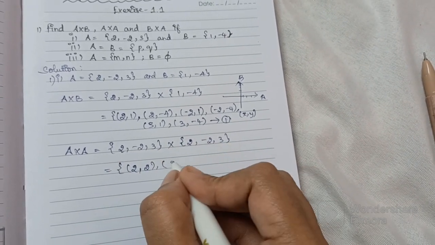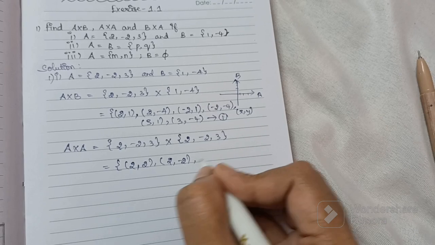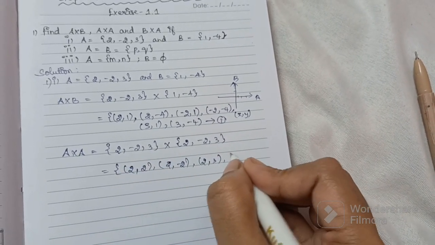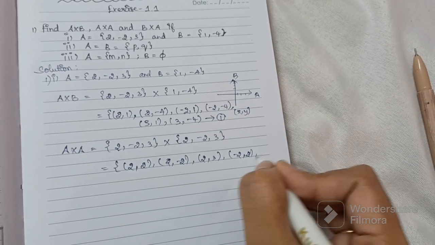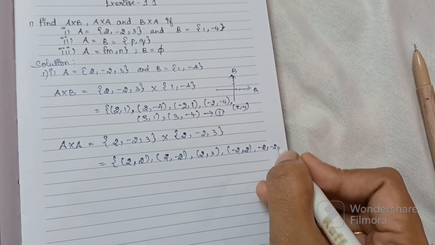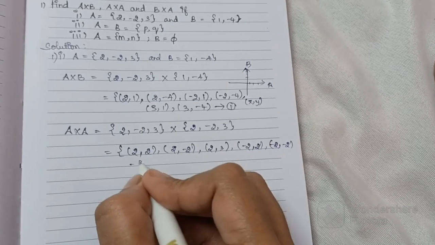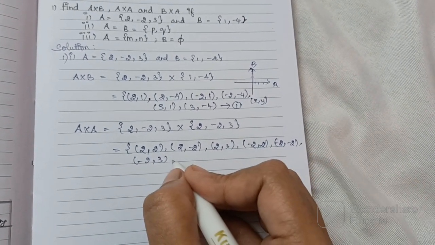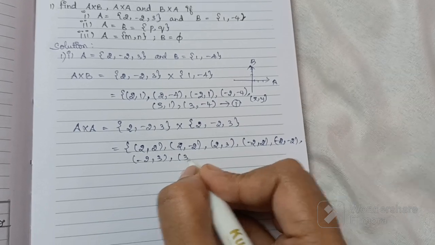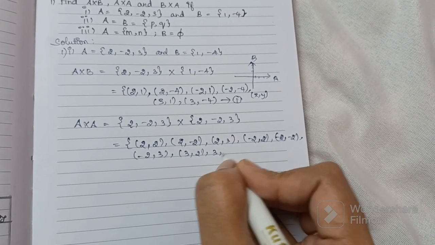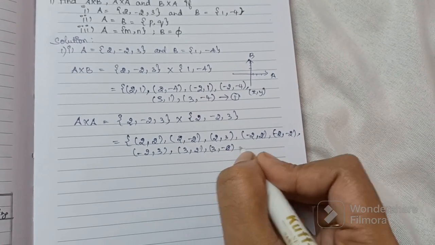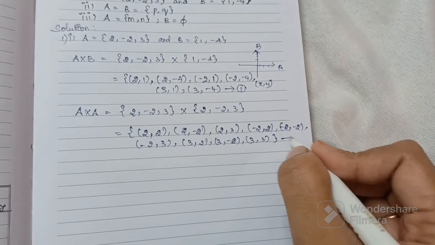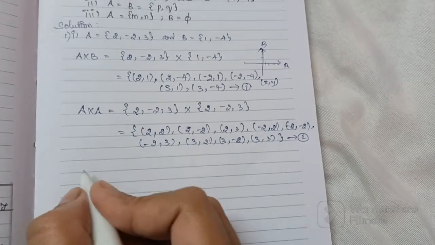Then 2, minus 2. 2, 3. Then move on to minus 2: minus 2, 2. Minus 2, minus 2. Minus 2, 3. Then move on to 3: 3, 2. 3, minus 2. 3, 3. So this would be your second answer.